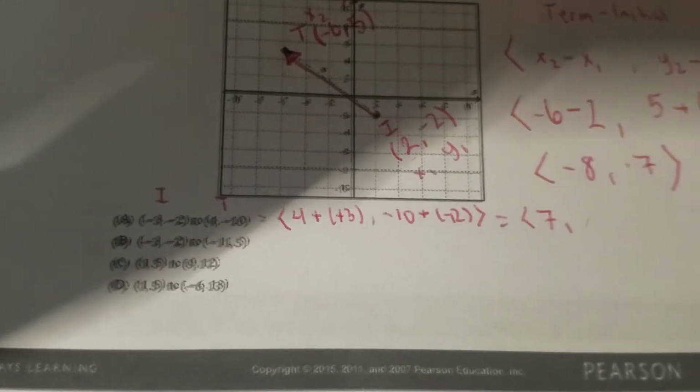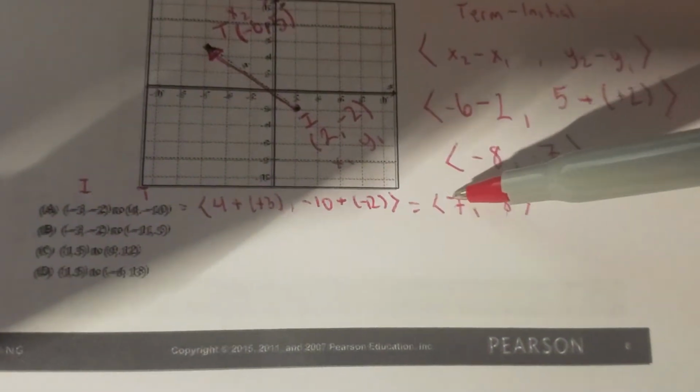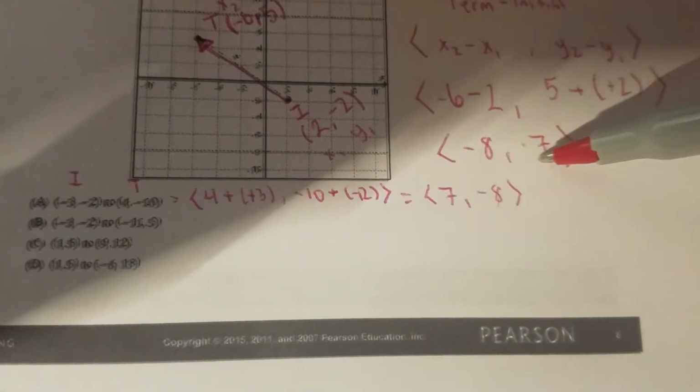So these are minus, so these turn positive. 4 plus 3 is 7, -10 plus 2 is -8. So these are not the same as this one, so answer A is not the answer.